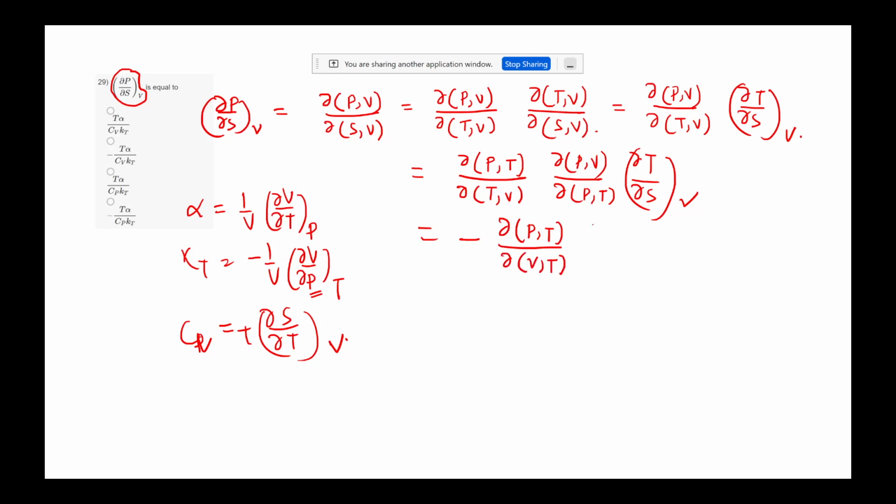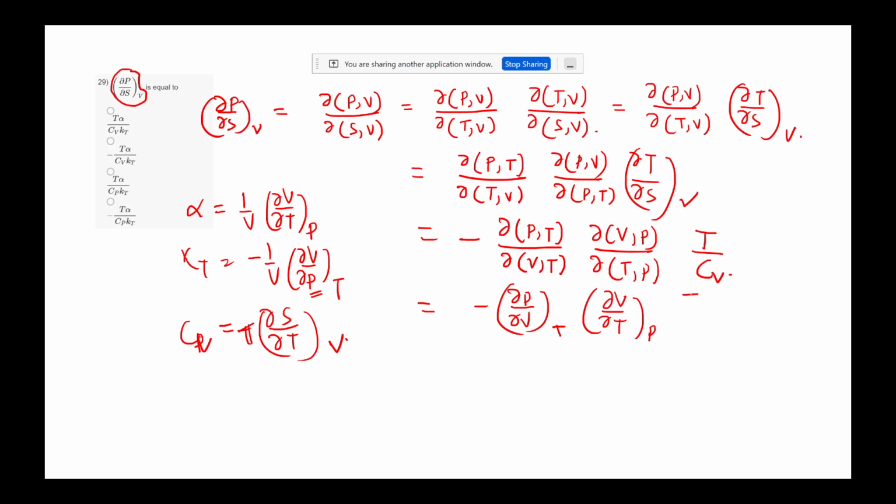For the other one we do a double change, so there will be no problem; the signs will cancel. Del T del S at constant V will be T by C_V. So this will be del P del V at constant T and del V del T at constant P, times T by C_V. Now del P del V at constant T will be minus of that, which is 1 by K_T V, and this one will be V alpha.